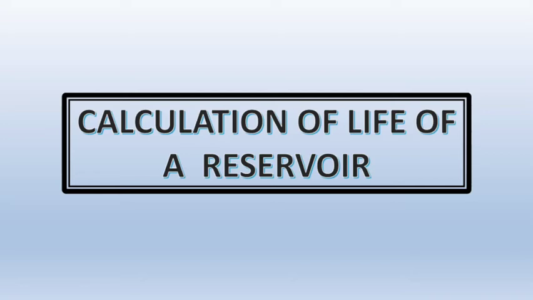In other words, when 80% of the design capacity is filled by sediments, we say that the life of the reservoir has come to an end, that is, it has reached the end of its useful life. So let us look at how to calculate the life of a reservoir.